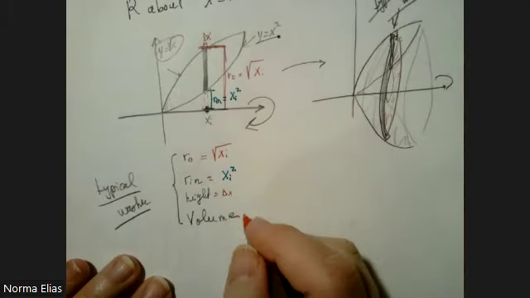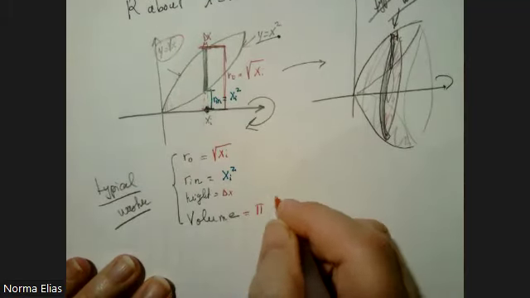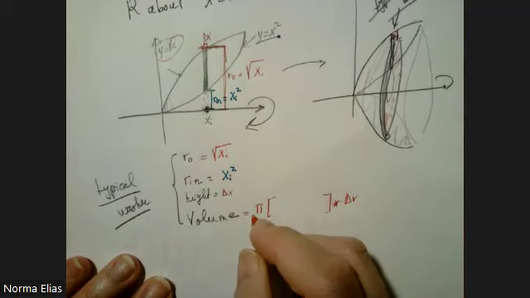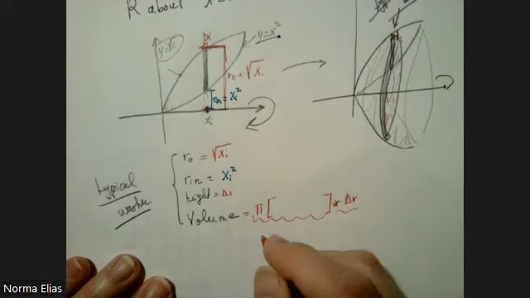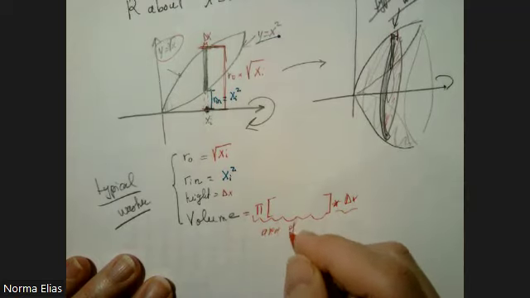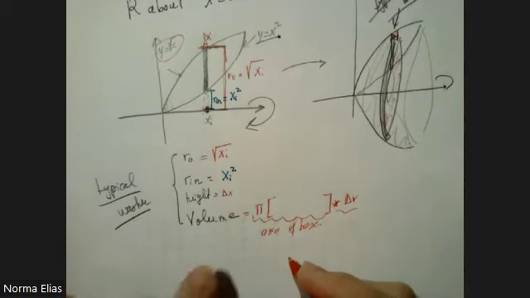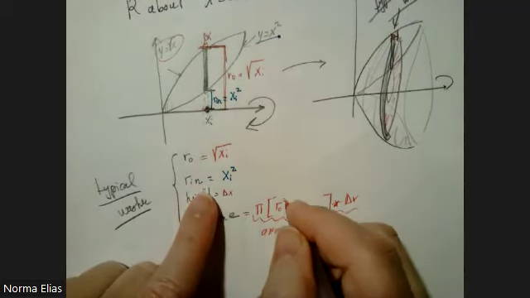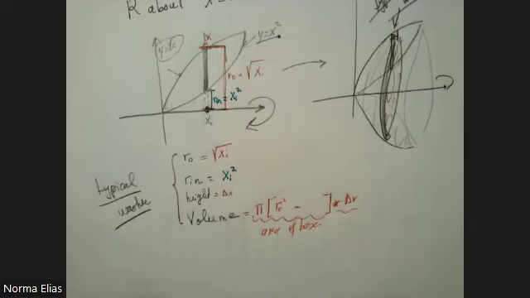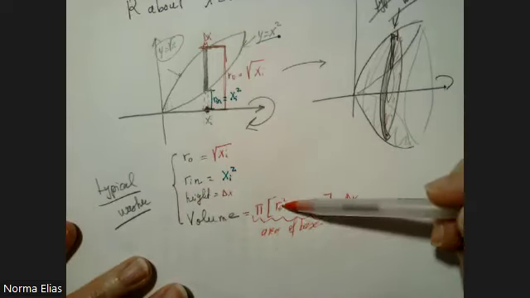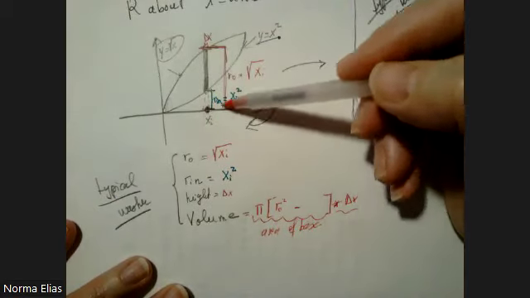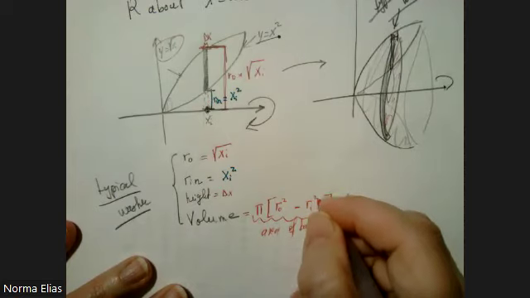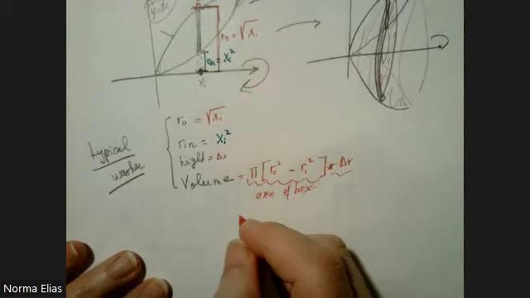So the volume of the washer is going to be pi times the outer radius squared minus, you're not taking away the outer minus the inner, you're taking the outer squared, which takes care of the area of the big circle, and you're taking away from it the inner squared. So now we substitute everything.